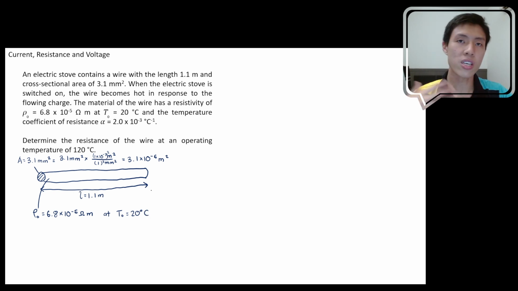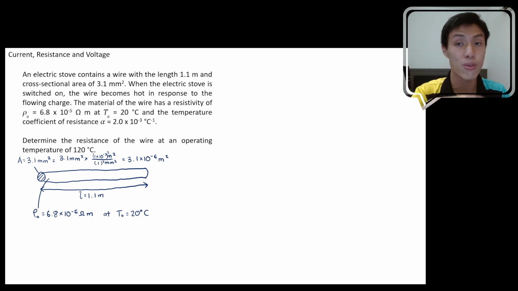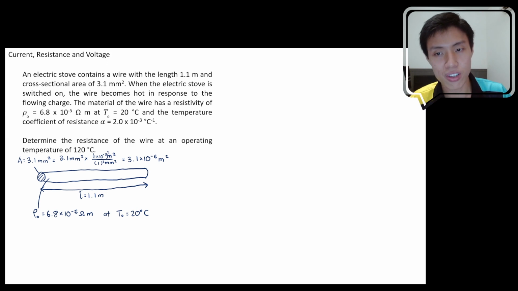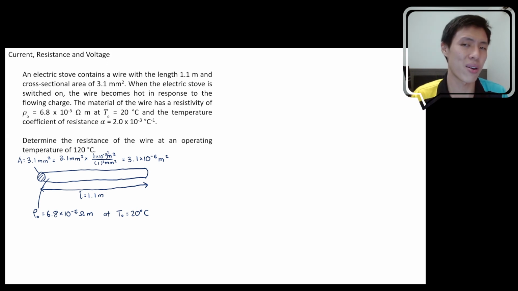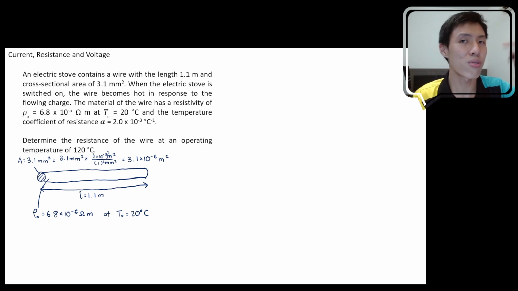When we are talking about resistance and resistivity, there's always two temperatures. One will be the reference temperature, another one will be the other temperature. So it's always a change of resistance, or a change of resistivity, from the reference temperature to another temperature. If the reference temperature is not involved, the question technically cannot be solved properly.